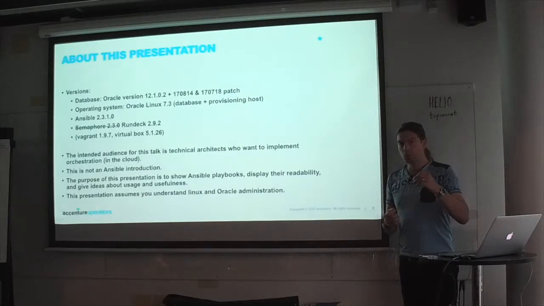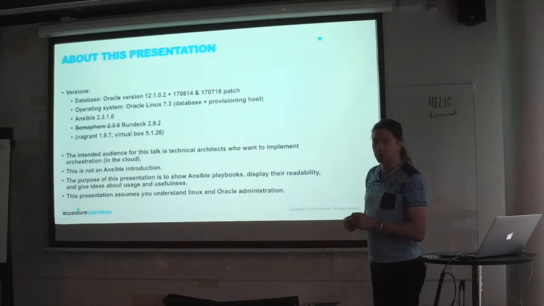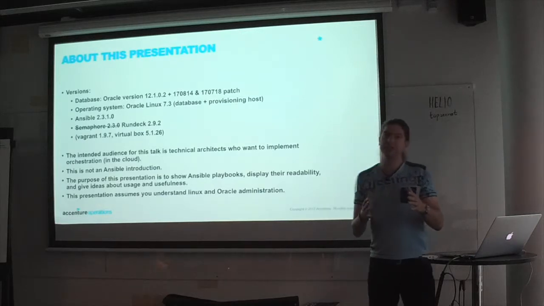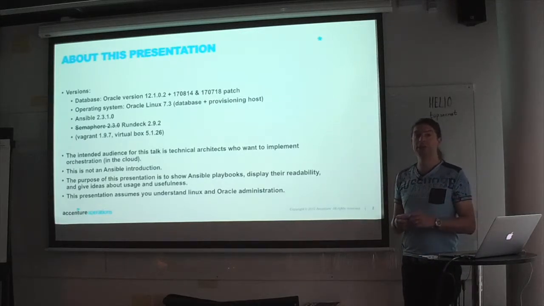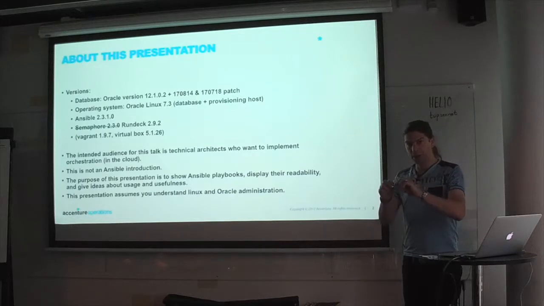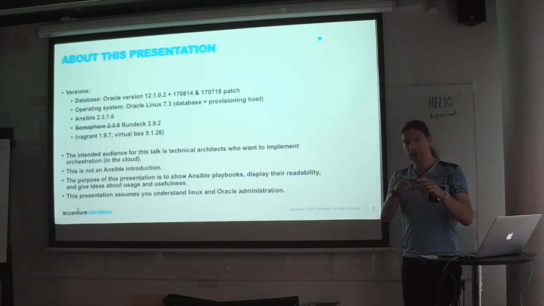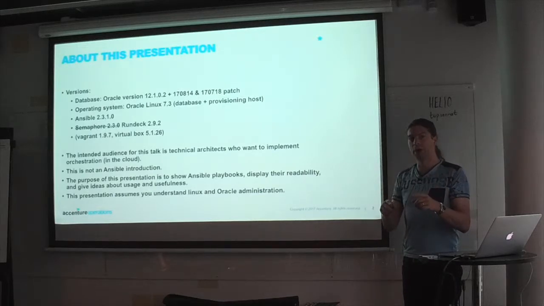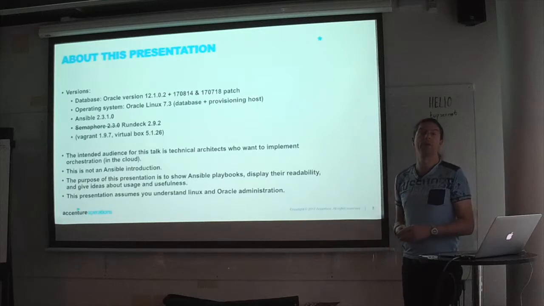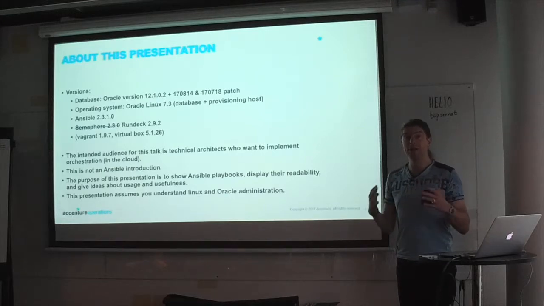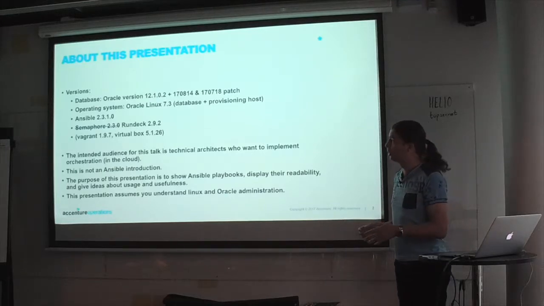And the prominent thing I want to show you is how very easy it is to read. It's so easy to read actually that if you put in the name tag for a specific task in a playbook, if you explain what is going on, you can really give this to an auditor to say, this is how I built my host. You tell me if this is correct or not. I think it's that clear to read, but I'll leave that up to you because I'll be showing that to you.